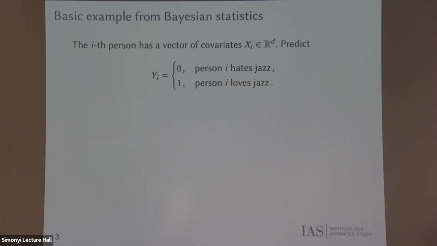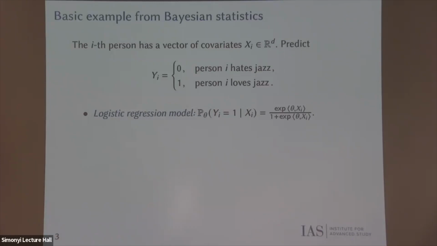So how do we set up a statistics problem like this? Well, you can start by formulating some statistical model, which is: let's suppose that the probability of yi being 1 given this vector of covariates is given by some function of your covariates, which depends on this unknown parameter theta. The job of statisticians is to infer what this parameter theta is.